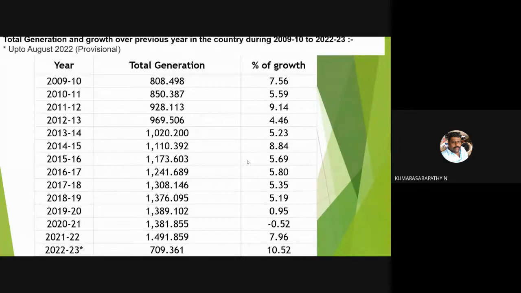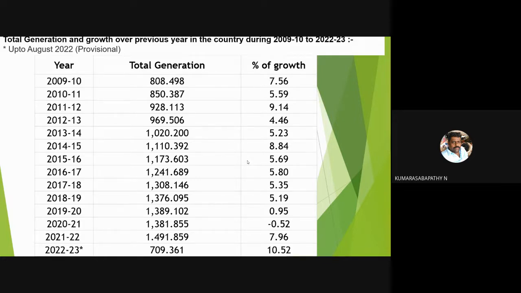It is a chart which clearly gives you the total generation as well as the growth over previous years in our country from the year 2009 till date. In this academic year 2022-2023, our growth of power generation is 10.52 percent. When comparing previous years, in this particular year we have gone for more generation of power.